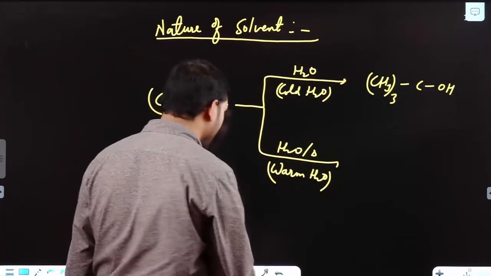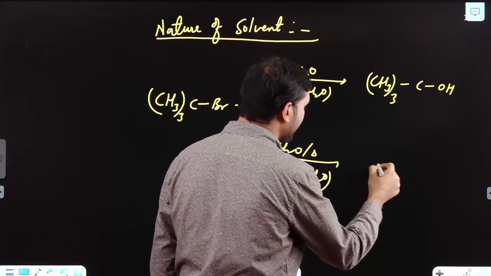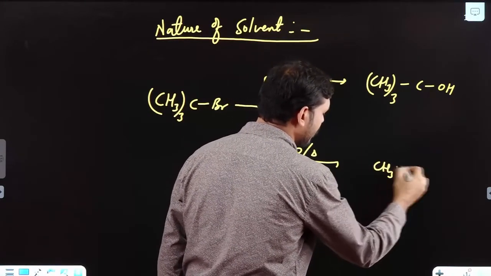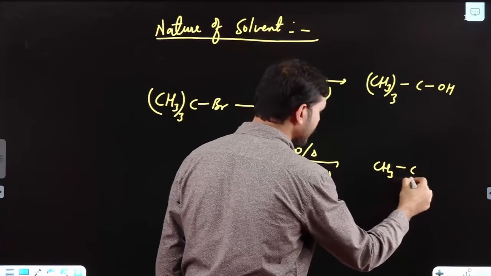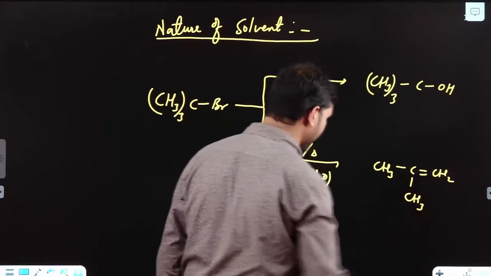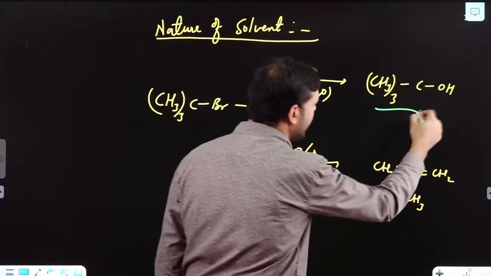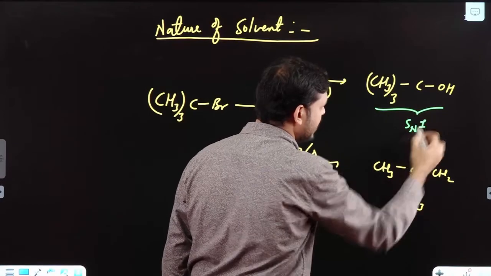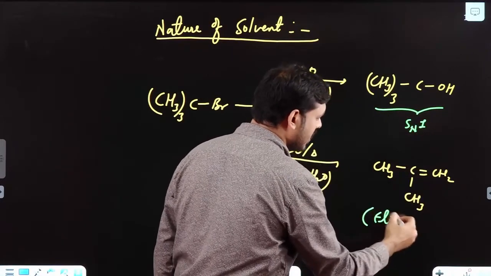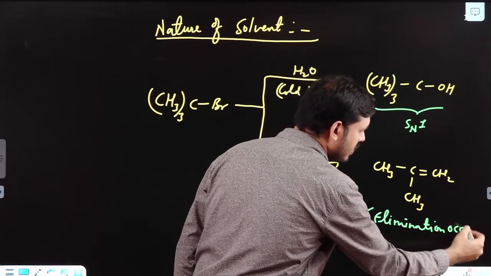Okay, but here what will happen? The predominant major product formed is actually this, where this carbon is having CH3. See, the difference in the two cases is it is your SN1 substitution, but this is elimination occurred.